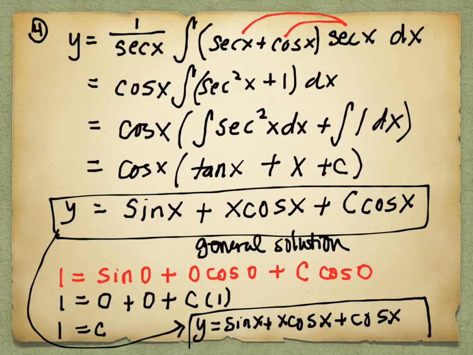There is one other way we could write that simplified, and that's to take a look at the fact that we've got two pieces that have cosine in them. If you wanted to, we could write y equals sine of x, and factor out the cosine of x, and write this as 1 plus x, or x plus 1.